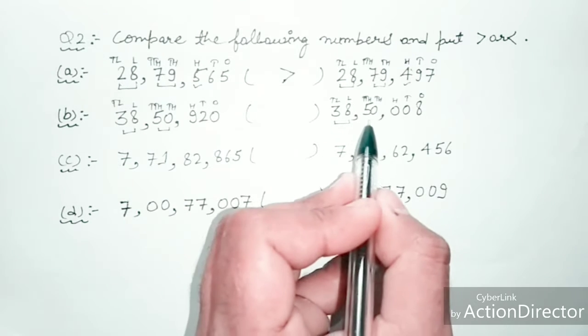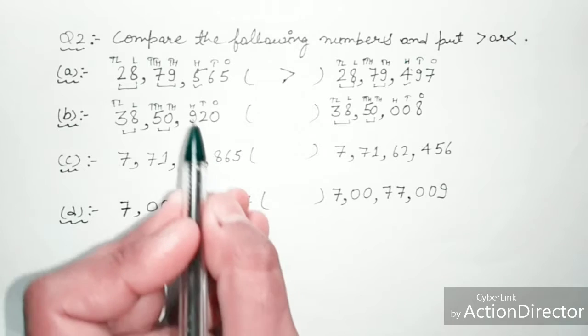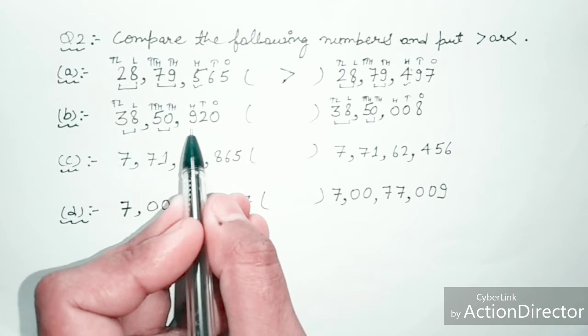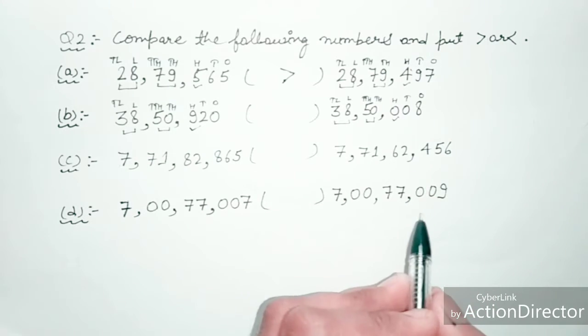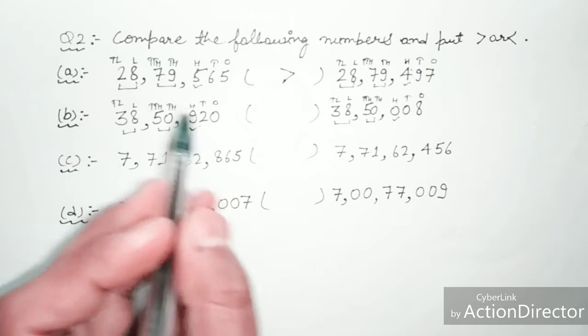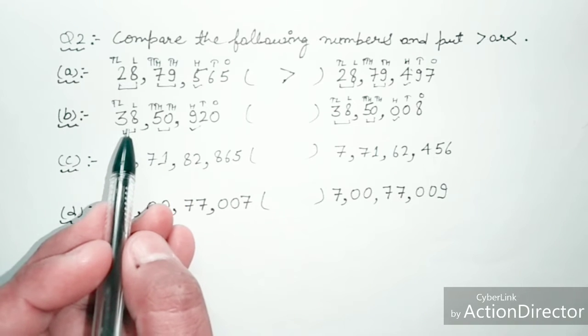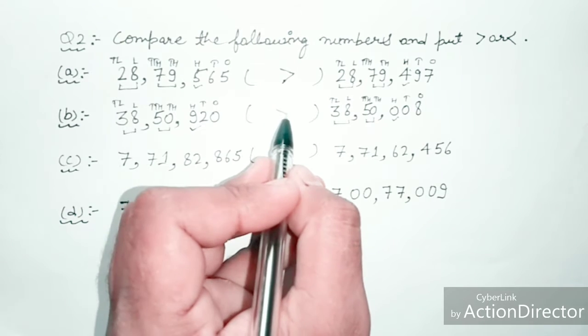So these both numbers are same, 50 and 50. And in 100 place, in this number 9 and this number 0. So 9 is greater as compared to 0. So this number is greater, 38,50,920. So we mark greater symbol here.